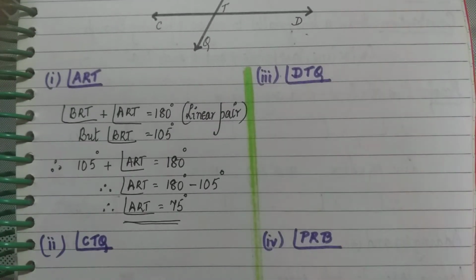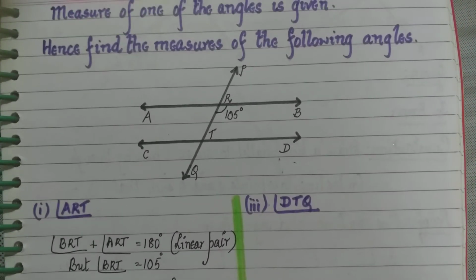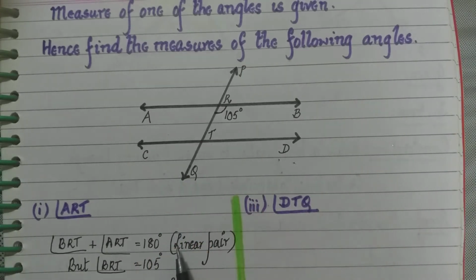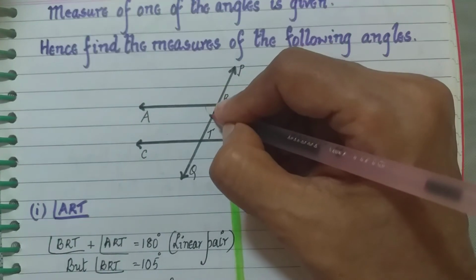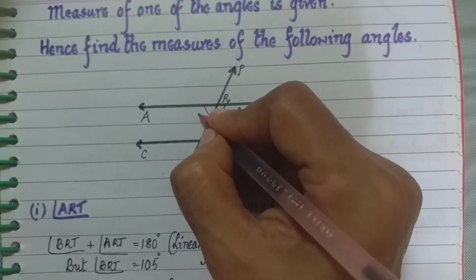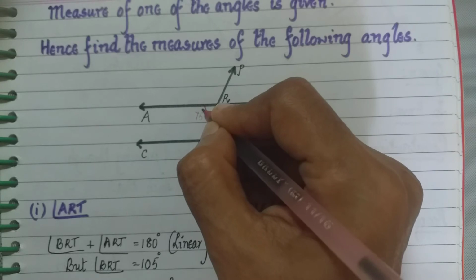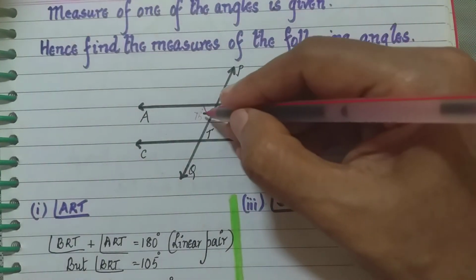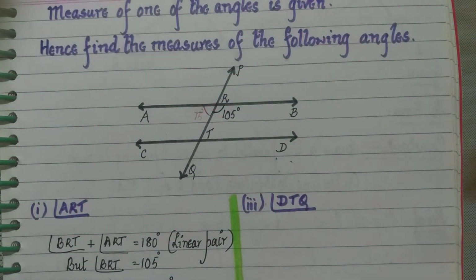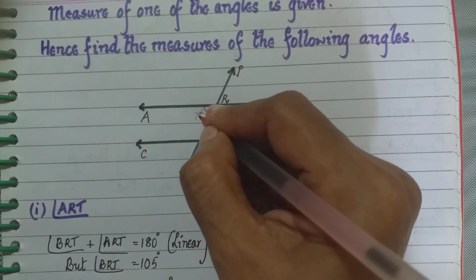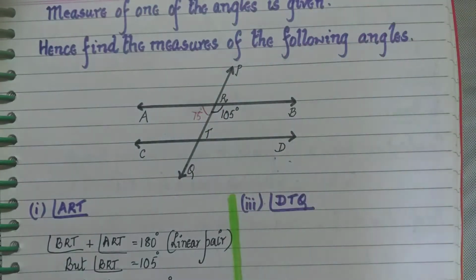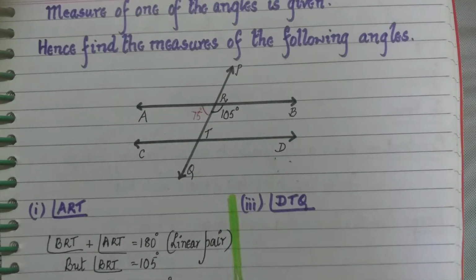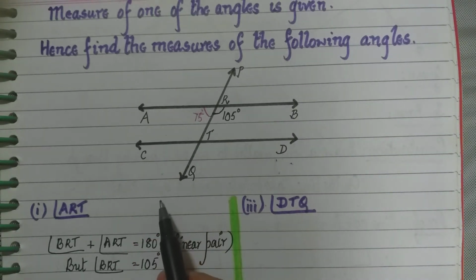What is the second one? Angle CTQ. That is here. Let us write the measure of the first angle formed. We found that this is 75 degrees. Now we have to find the measure of angle CTQ.